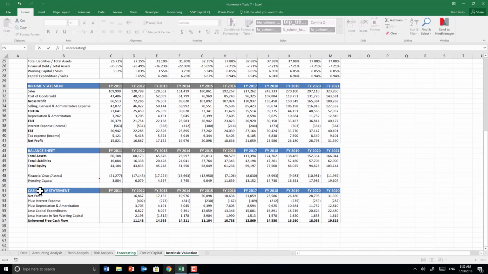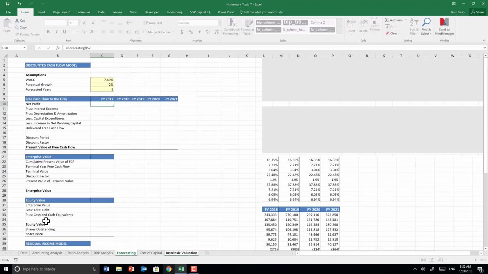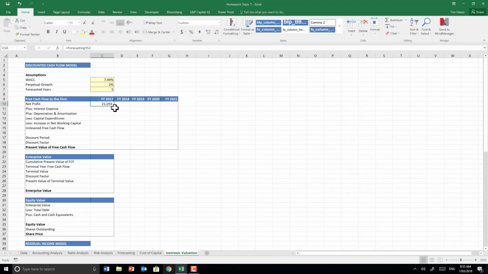At the very bottom, there's a section on the cash flow statement, and you can see that in 2017, in cell I52, it's the net profit, and then we have all the adjustments and subtractions to get it back to unlevered free cash flows. So again, that references that net profit. If I drag it down, I also reference all the other additions and subtractions to get to unlevered free cash flows.